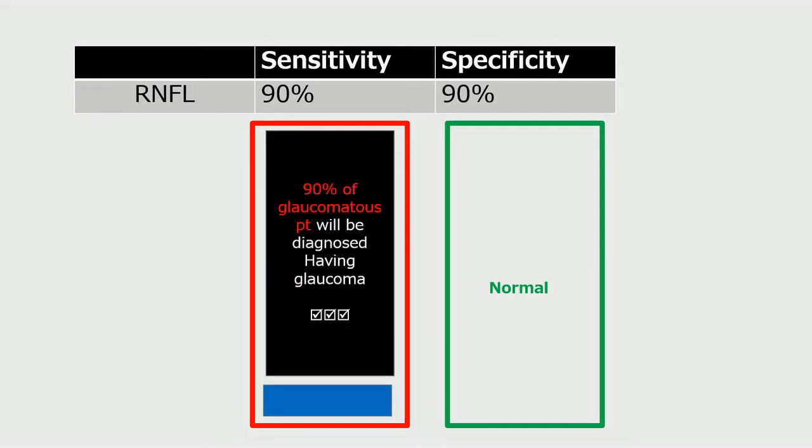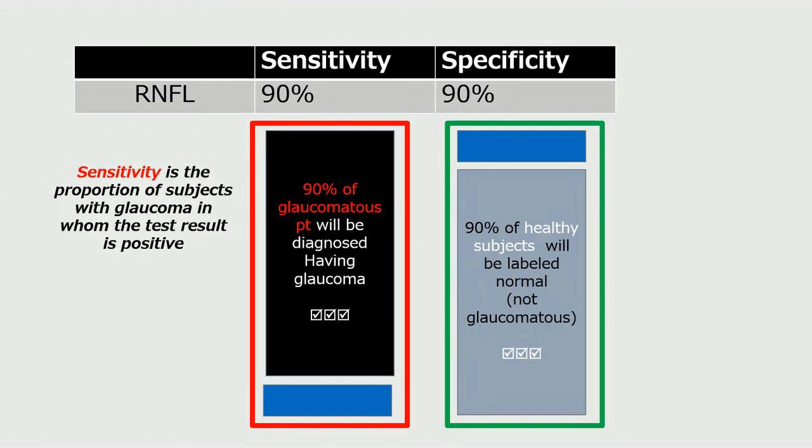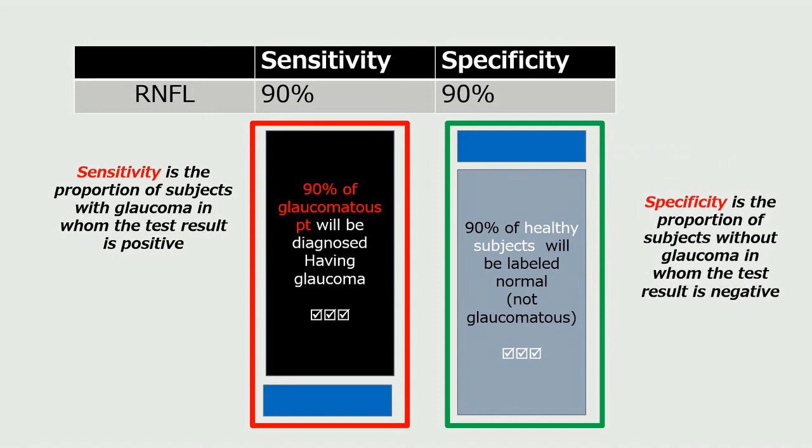So 90% of the group of glaucoma will show real positive results, and 90% of the normal will show real negative results. So sensitivity is the proportion of subjects with the disease in whom the test result is positive, while specificity is the proportion of subjects without the disease in whom the test result is negative.